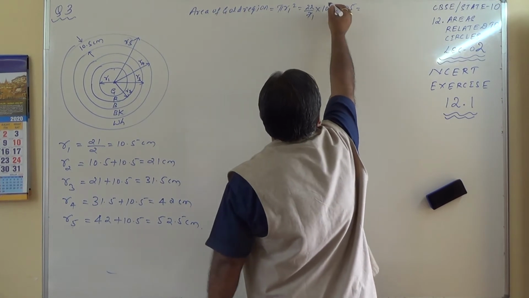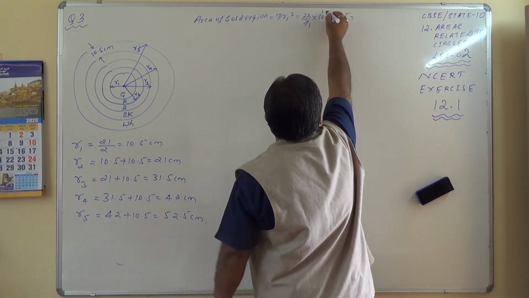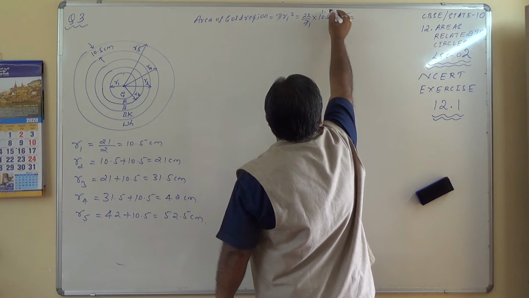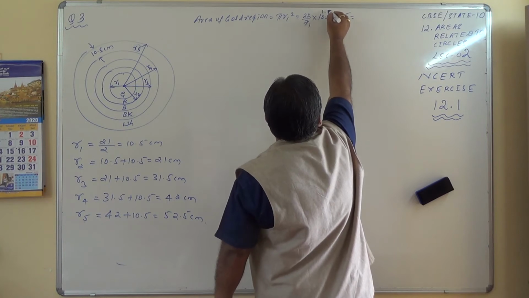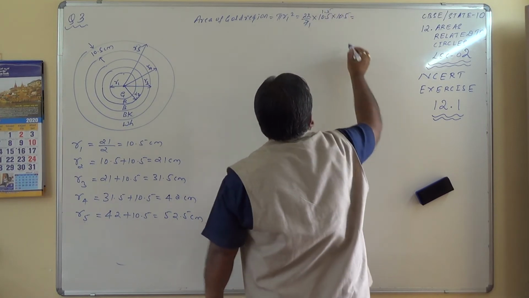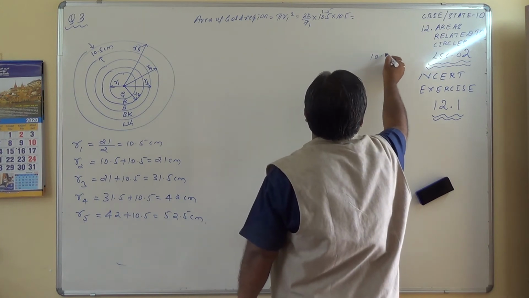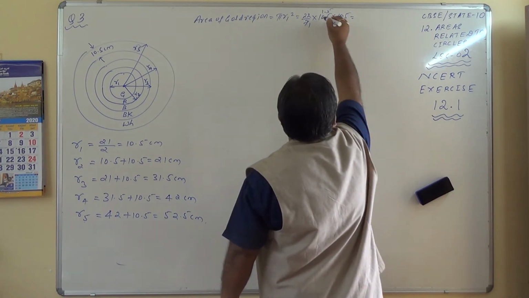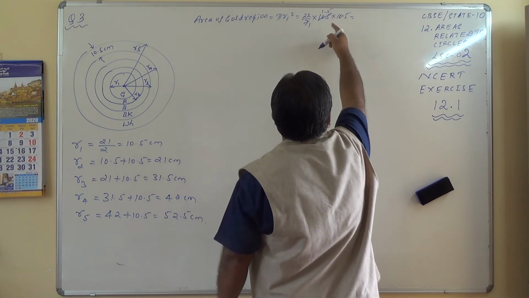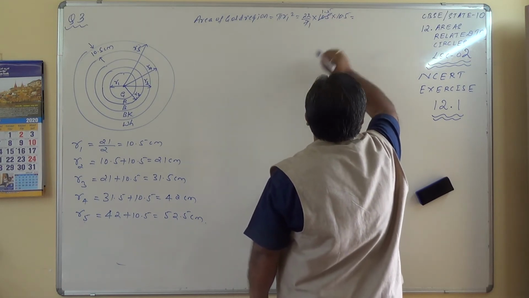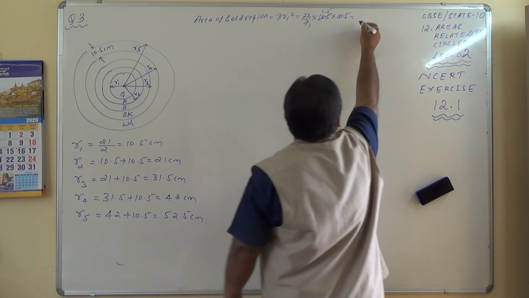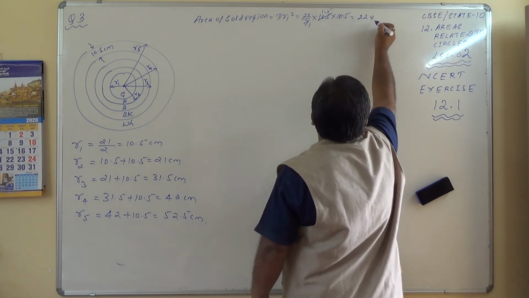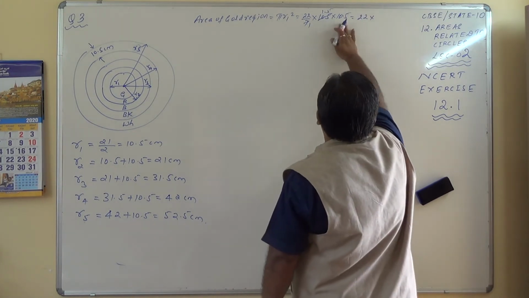So 7 ones are 7, 7 fives are 35, so 10.5 divided by 7 is 1.5. So this is what we are going to get now: 22 into 1.5 into 10.5.